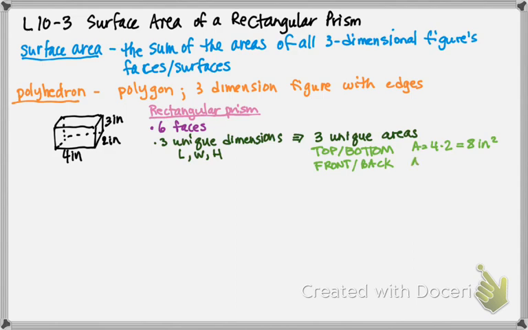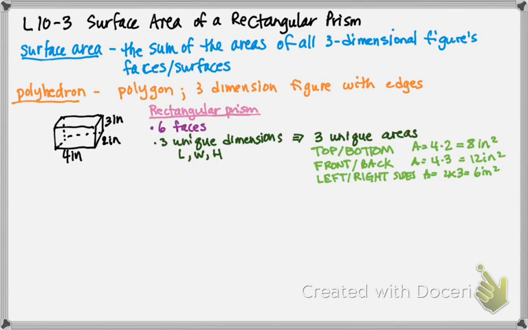In this particular example, the front would be a 4 by 3, which would give me 12 square inches. And our left and right sides, that would give us a 2 by 3, or 6 square inches.